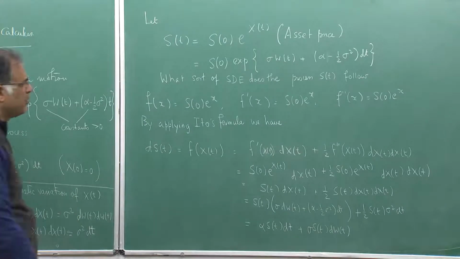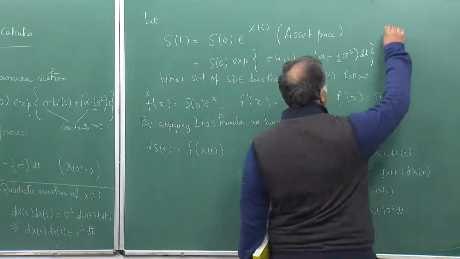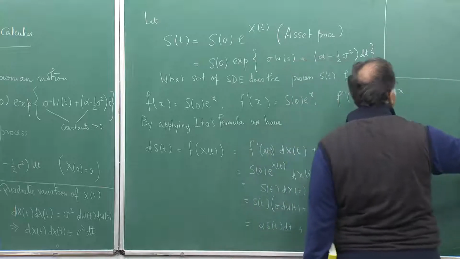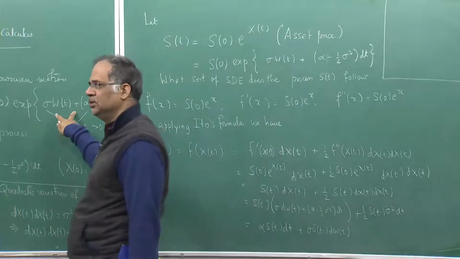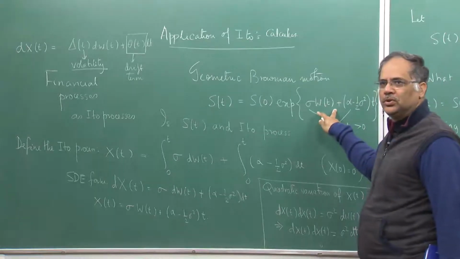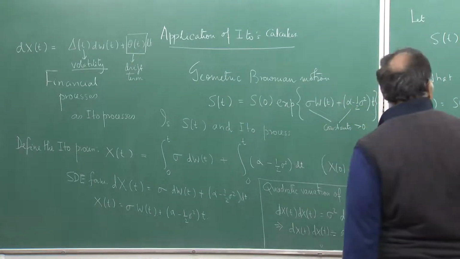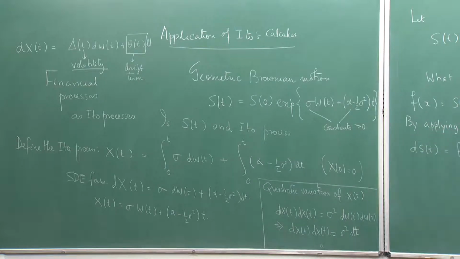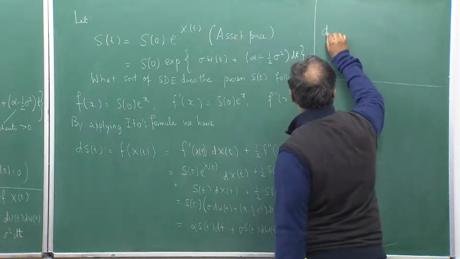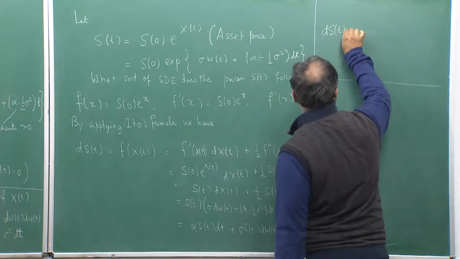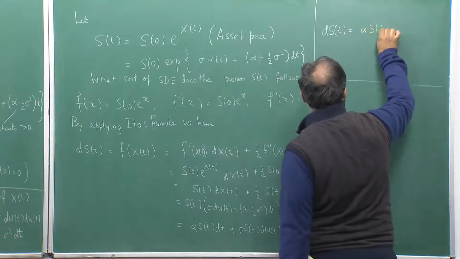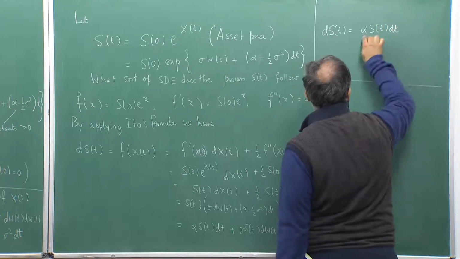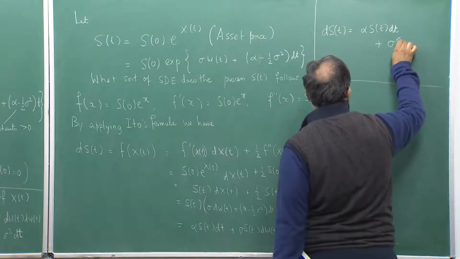So, this is the price process of an asset. If you look at it, this is exactly the geometric Brownian motion. The geometric Brownian motion follows the price process of the stochastic differential equation; it is an Ito process basically: alpha St dt, the drift term, plus the volatility term.